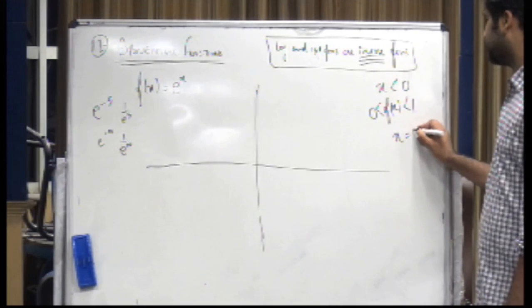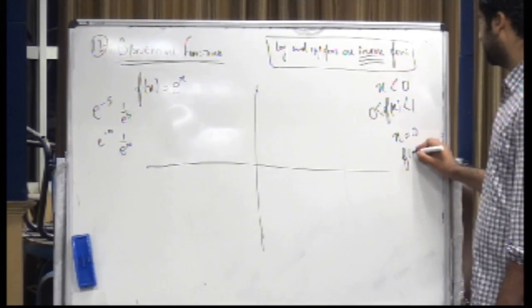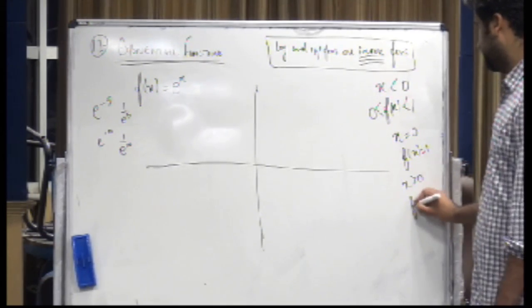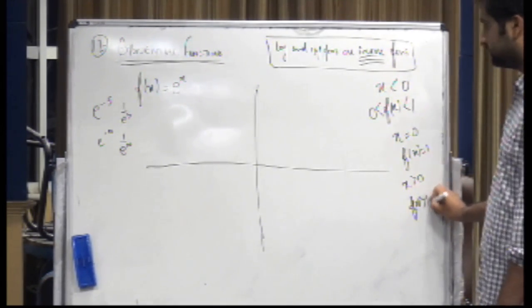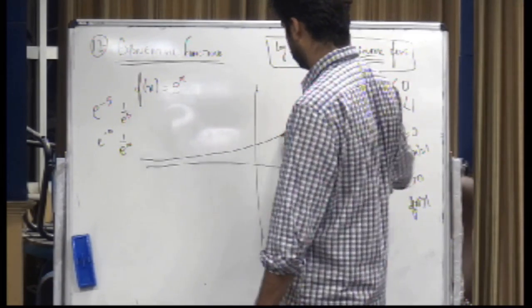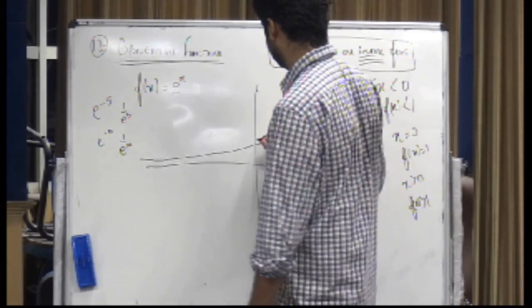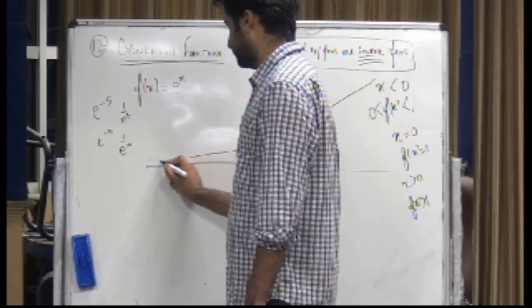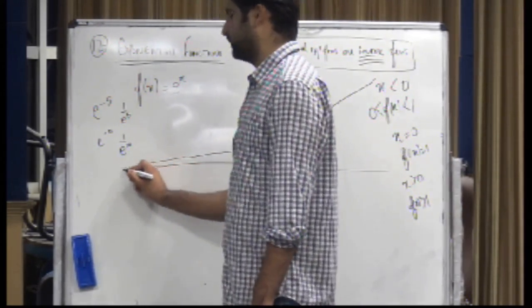Also for x is equal to 0, f x is equal to 1. For x greater than 0, f x is greater than 1. So the curve goes like this.